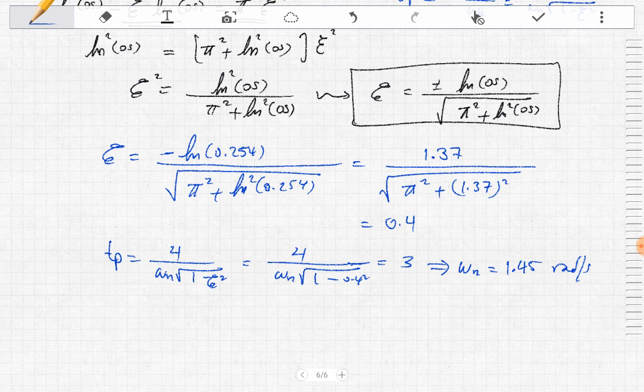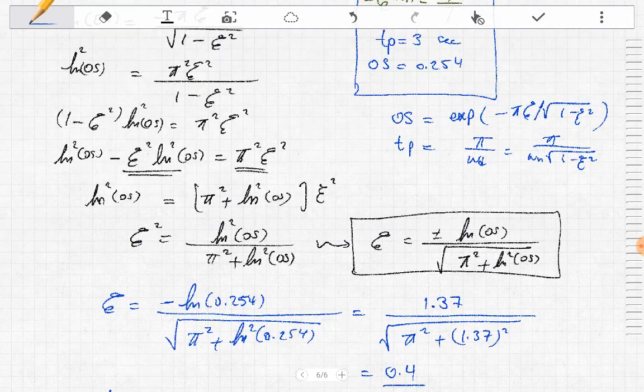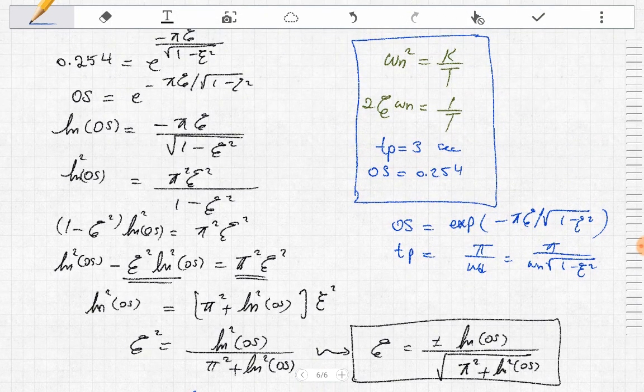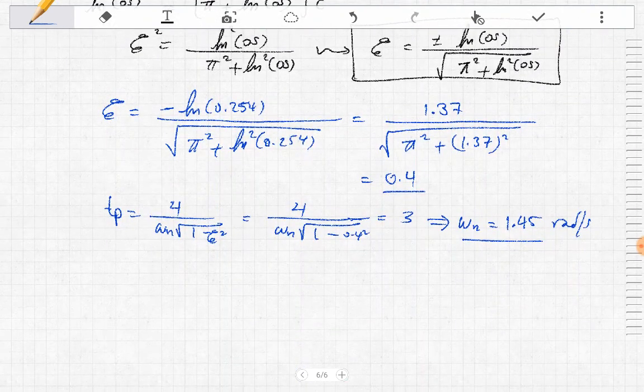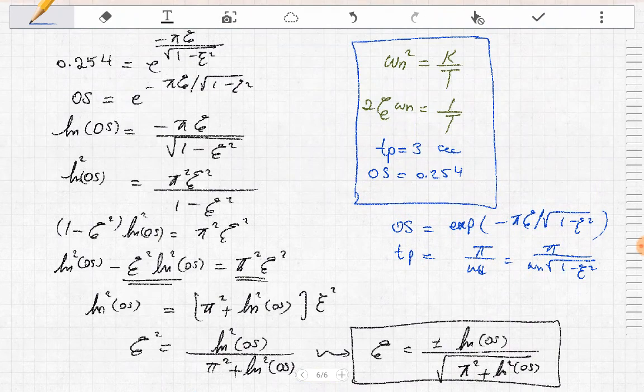So now we got eta 0.4. You got omega n equal 1.45. Remember, I got this from the response curve. Then I go and compare here. Omega n is equal to 1.45, so I square it. So k over T is equal to 1.45 square, right?